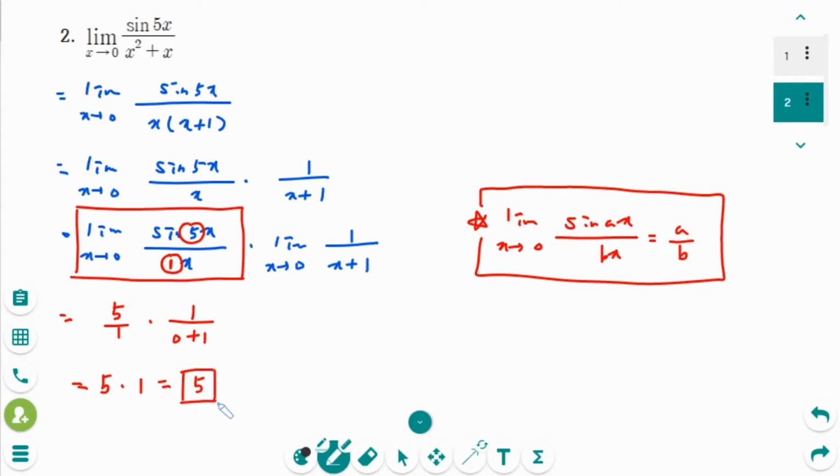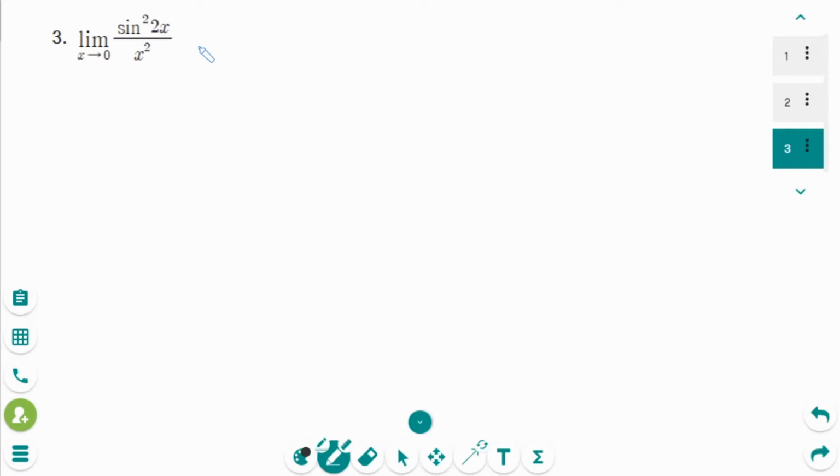This is the next one. We can rewrite as limit as x approaches 0 sine 2x over x times sine 2x over x. The limit of the product is the product of the limit.